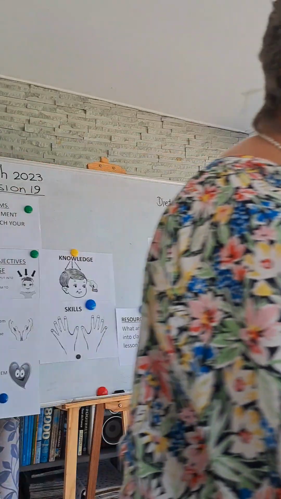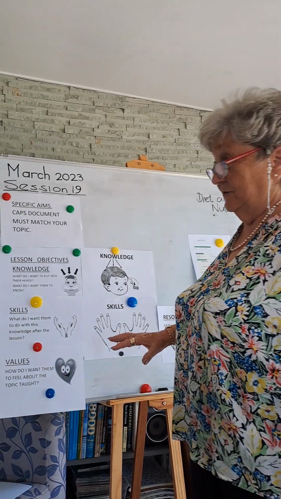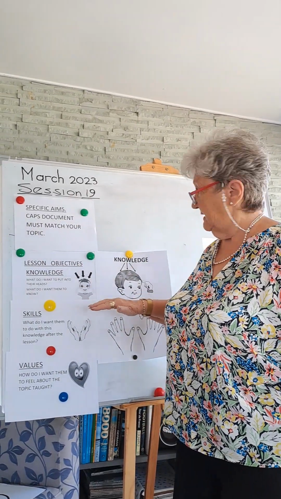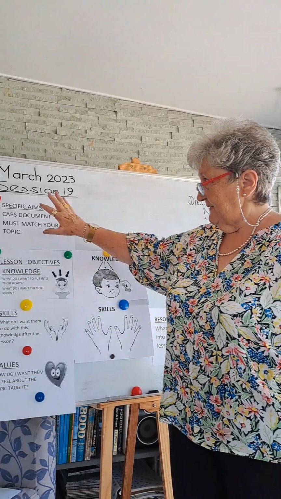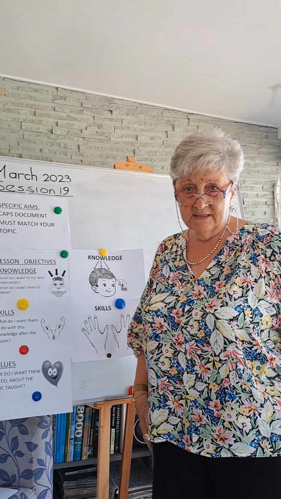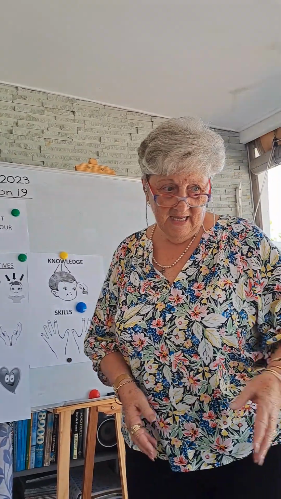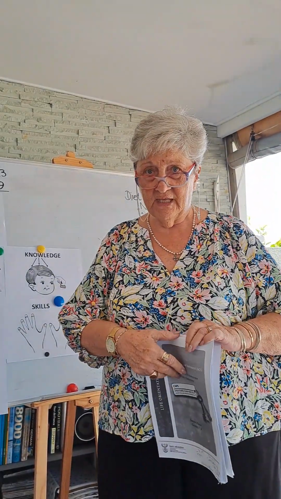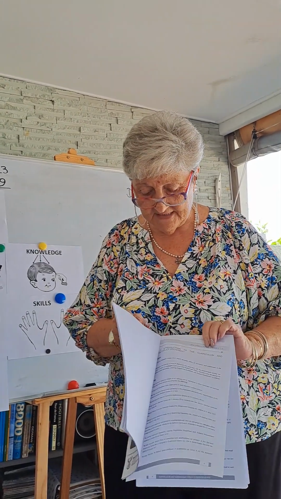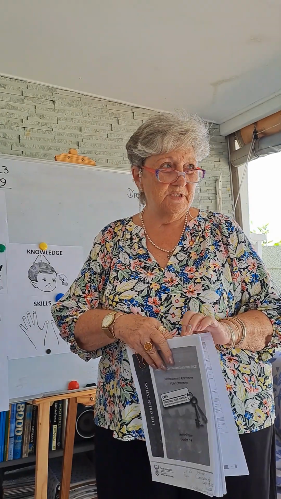Right, now before I carry on with the lesson, I want to explain to you what is written on this lesson plan. Specific aims I told you about are found in the CAPS document. And if you have a look in the front, you'll find that there are general aims. You don't worry about the general aims. You worry about the specific aims, and the specific aims, there are about 5 or 6.